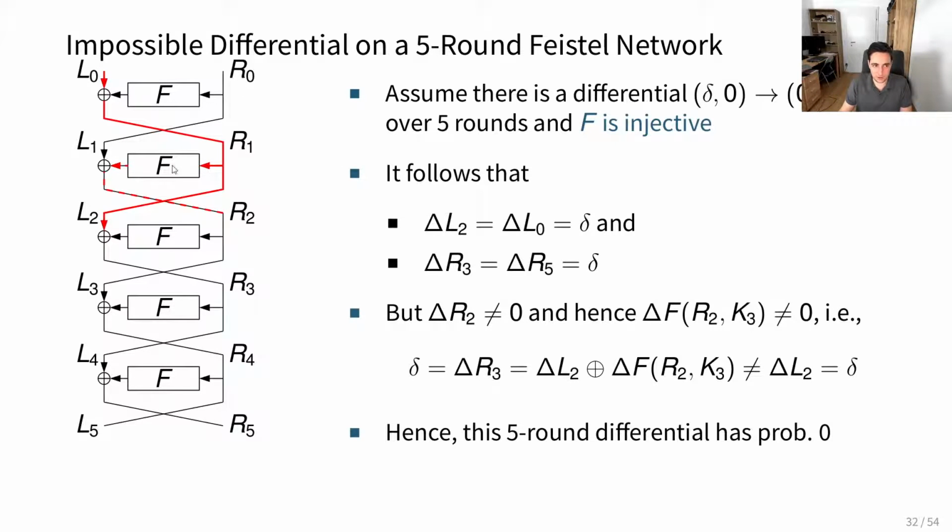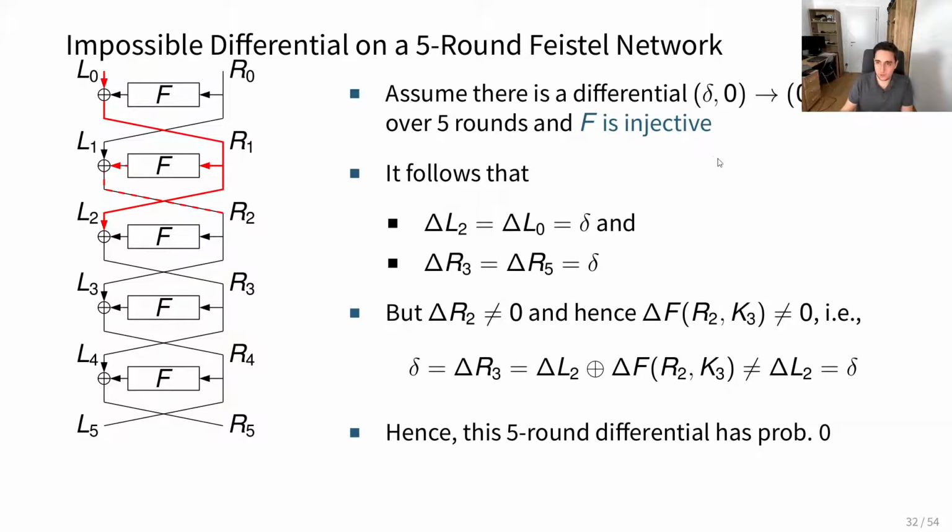Here it's the input to this function, but it doesn't get changed either. And essentially we arrive at this position with exactly the difference we had here at the input. So this is the idea here. Let us for now ignore this red dashed line, and we'll see later why this is important. Okay, so this red normal line here is the same difference everywhere.